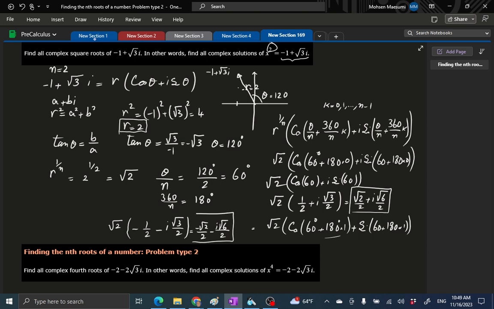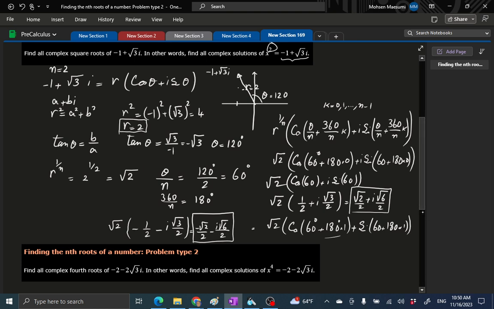This is the second root. So for x squared, we have an easy way out. You find one. The second one is just a negative of that one. We could have expected that, because when you take that negative and square it, you get positive. So these are the two roots.